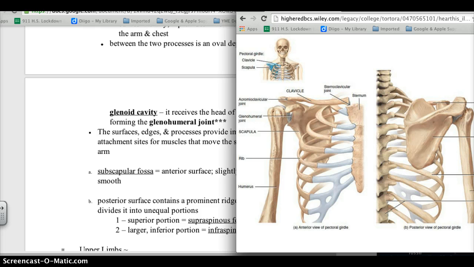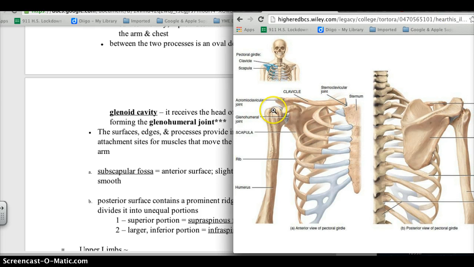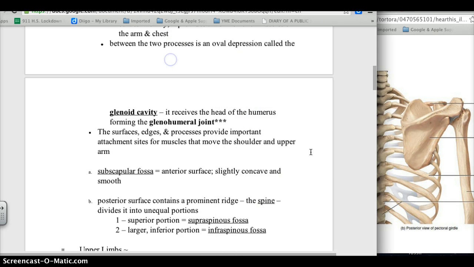And if I slide this in just a little bit, you'd see right there. Okay, so acromion process, coracoid process, and then this depression is called the glenoid cavity, and it makes up the glenohumeral joint.